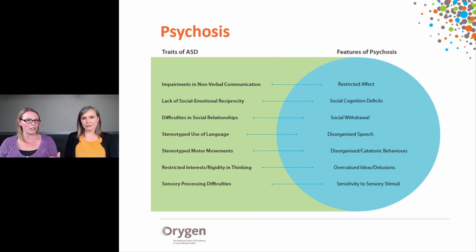So you can see there's a whole range of different traits of ASD on one side in the green, and then on the blue side of that diagram it talks about the features of psychosis. So we won't go into that in a huge amount of detail today, other than to say that, again, it comes back to developmental history, and it's important to understand the onset of when difficulties happened.